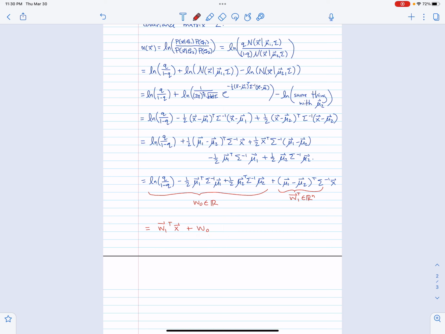Okay? And so alpha of x is just this expression here. And it's just a nice linear function. All right?